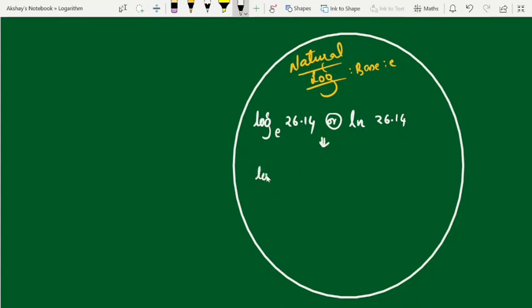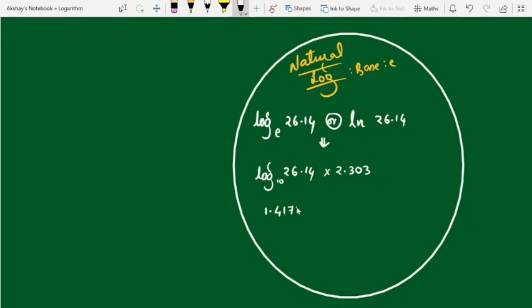If you need it, you have to break it this way. First you calculate the log of base 10 value, because from the chart we can easily get that, and multiply it by the constant number 2.303. From the log table, cross-check: the characteristic value is 1, and 26 under 1 under 4 is 4173.